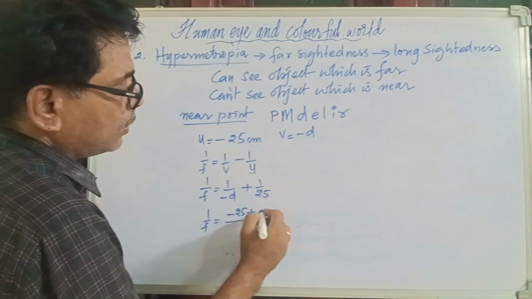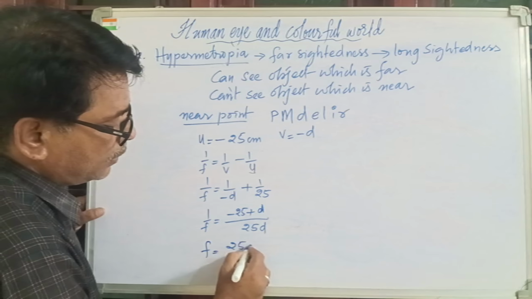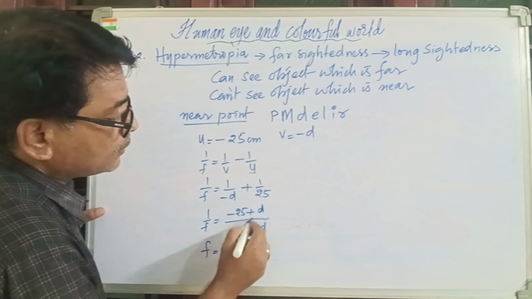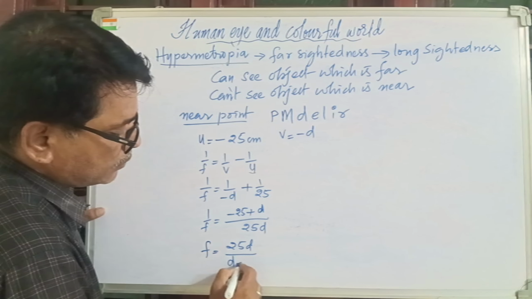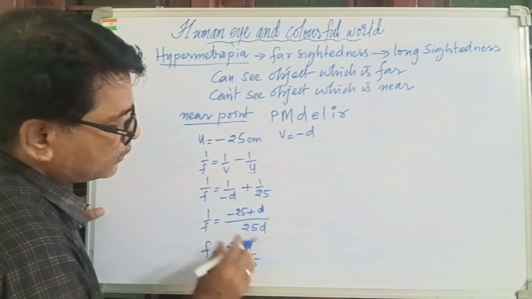Therefore, reciprocal of this: f is equal to 25d by d minus 25. Since it is positive, we just shift the places, we don't interchange anything.